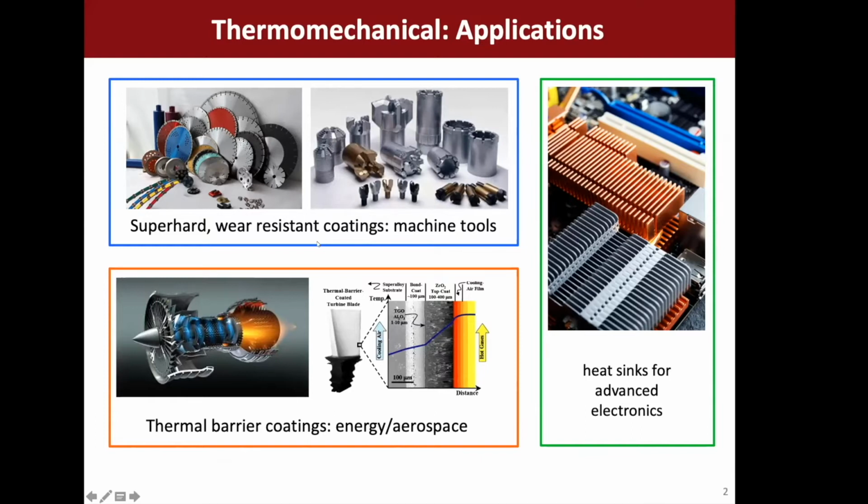Then for thermal and mechanical properties, you might want things like thermal barrier coatings for energy and aerospace. If you have a jet engine or a gas turbine engine, it has a very hot exhaust. The hot exhaust will have things like unburnt fuel, oxygen, combustion products like high temperature water vapor, all of which can be very reactive.